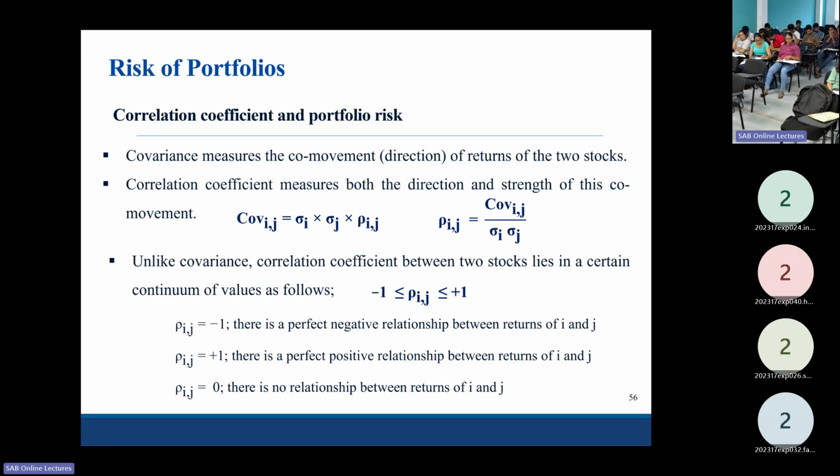I explained what covariance is. Covariance measures the co-movement, or the direction, of the two stocks' returns.